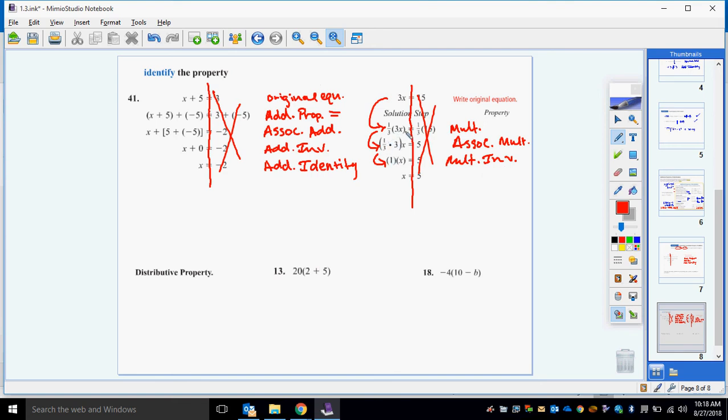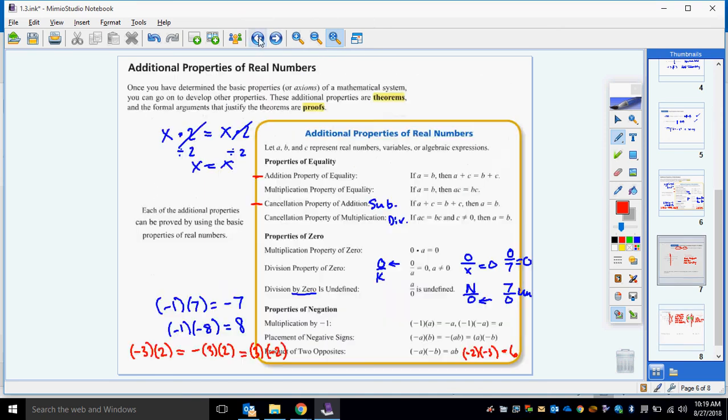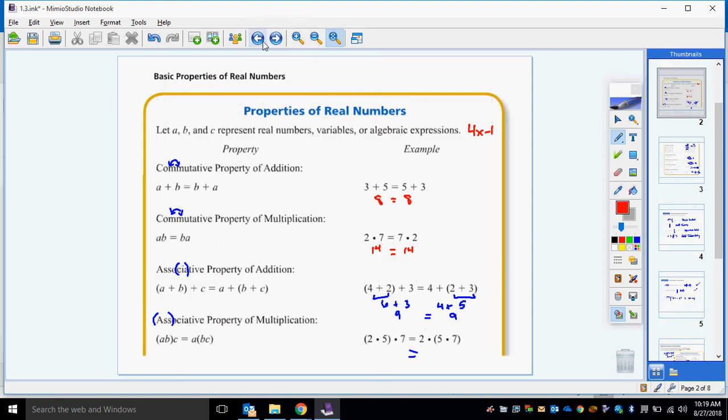It's multiplicative inverse. So what allows us, though, what property up here allows us to multiply by 1/3 on this side and 1/3 on this side? What property says we can multiply by the same thing on both sides? So you go back to the basic properties.